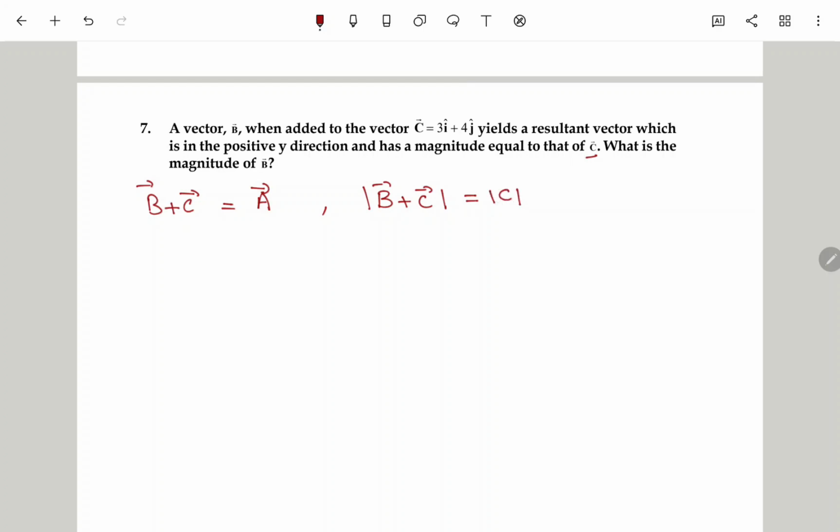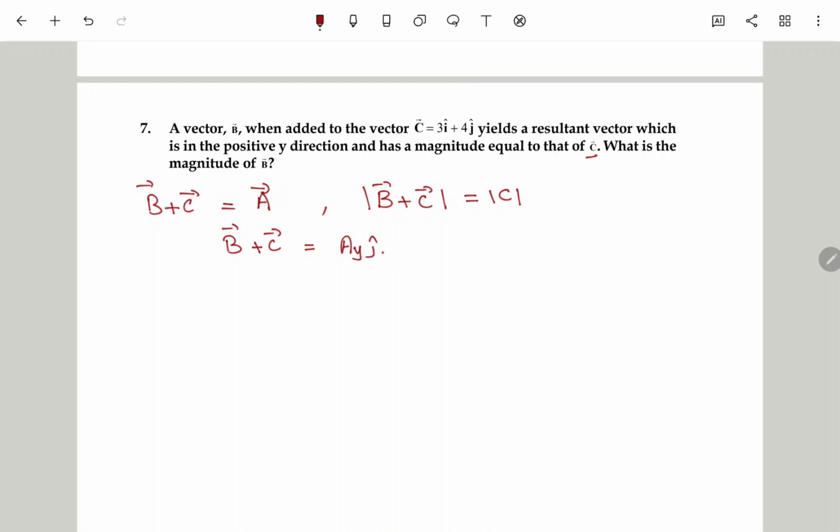Now, B plus C as a vector equals Ay j hat.